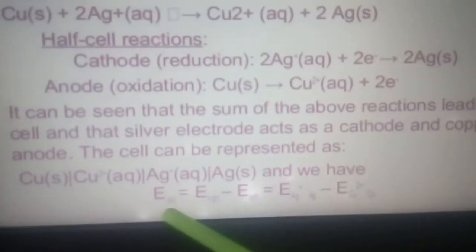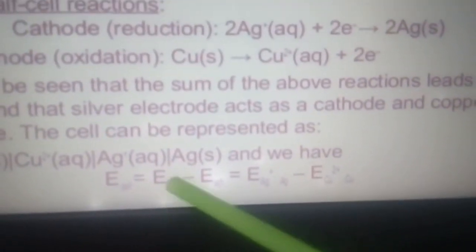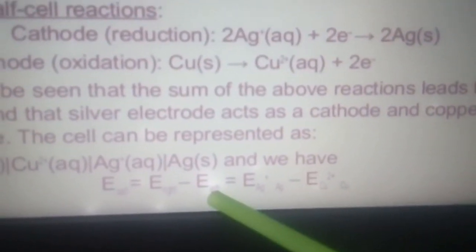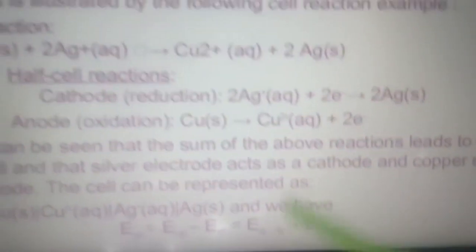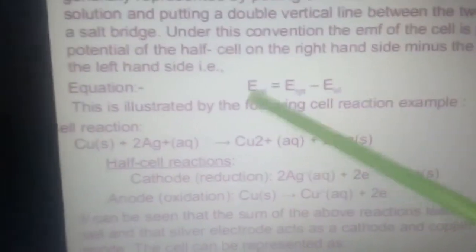So what will be the E cell now? E cell is E right minus E left, that is E cathode minus E anode. This way we calculate or measure the E cell.